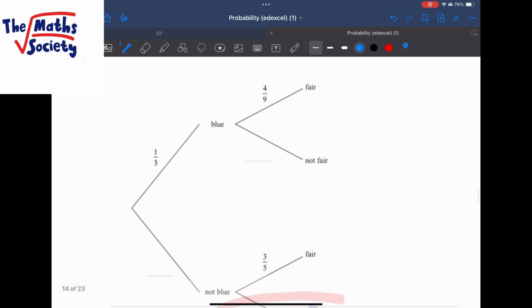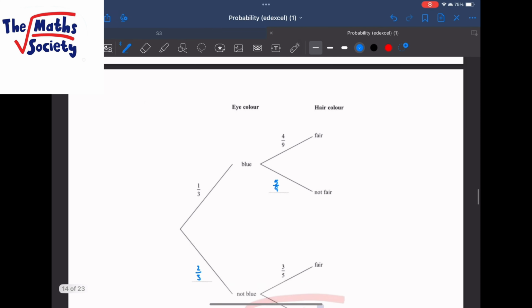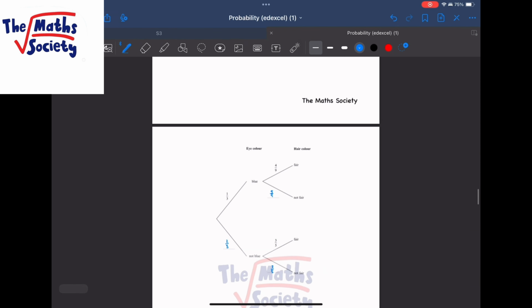Given that hair color is independent, calculate the probability that the young person selected has fair hair and a height of more than 160. So we need to know if they have more than 160 or not. So let's try to multiply. For more than 160, that's these numbers, so that's going to be 21 by 45.